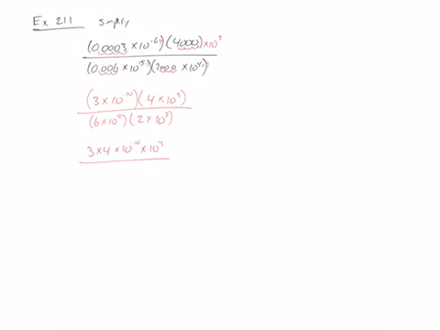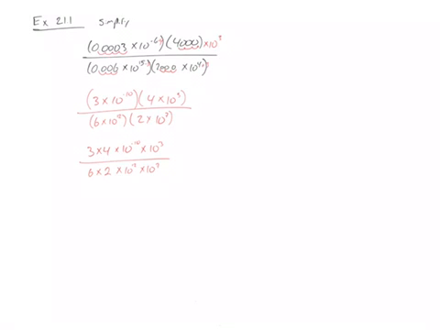And notice what I did there is, here's the 3, there's the 4, 10 to the negative 10, 10 to the 3rd. So I have all these pieces I've just rearranged. I've put all the tens with exponents together and all the other numbers together over here. Do the same thing with the denominator now. 6 times 2 times 10 to the 12th times 10 to the 7th.